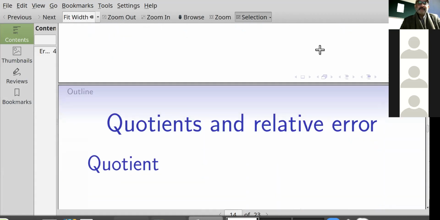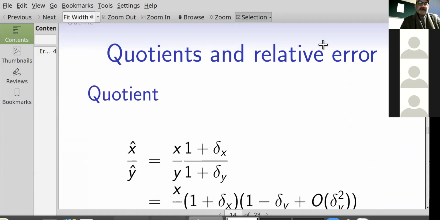Okay, so what if we looked at relative errors when we multiply? What about relative errors when we divide? So if I take x hat divided by y hat, well, x hat was x times 1 plus the relative error on x, and y hat was y times 1 plus the relative error on y.